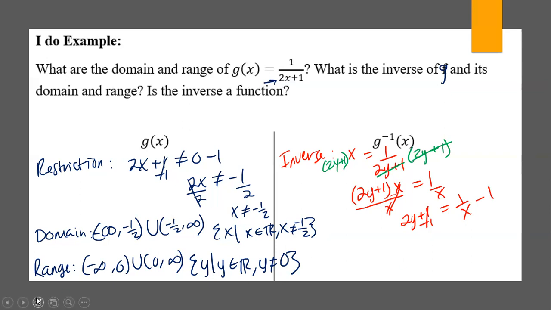What's next? Divide by 2. Since this is already set up for division, I literally just have to sneak the 2 in with it. Y is all by itself, so therefore my inverse equals 1 over 2x minus 1/2.